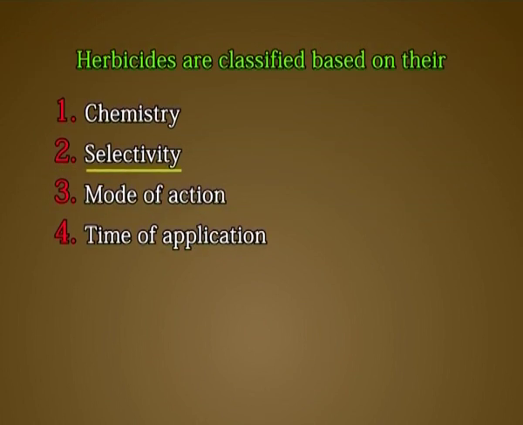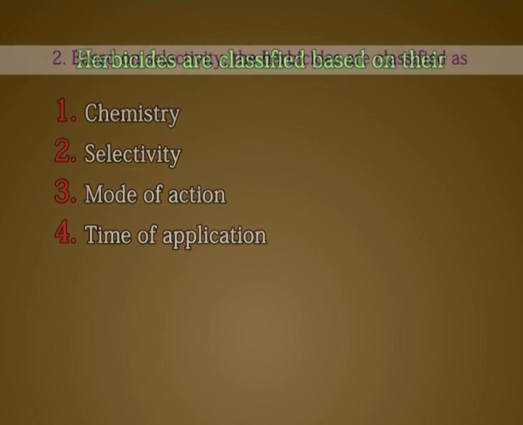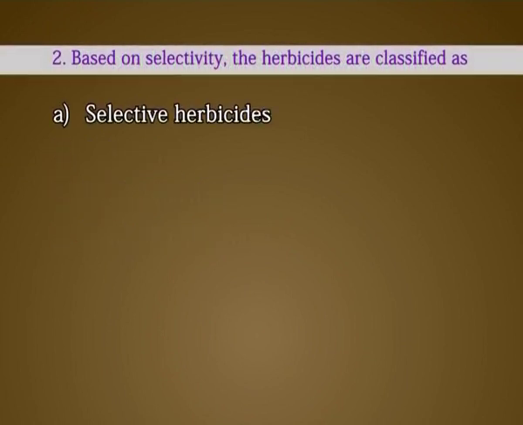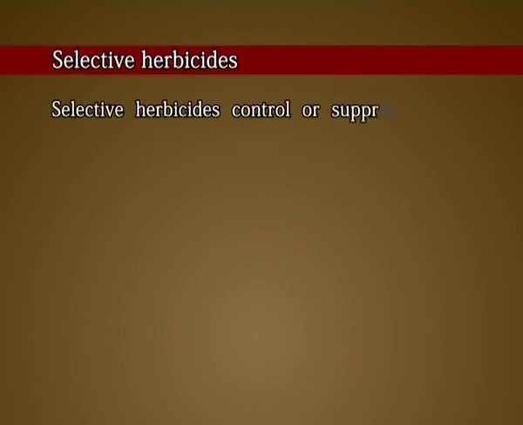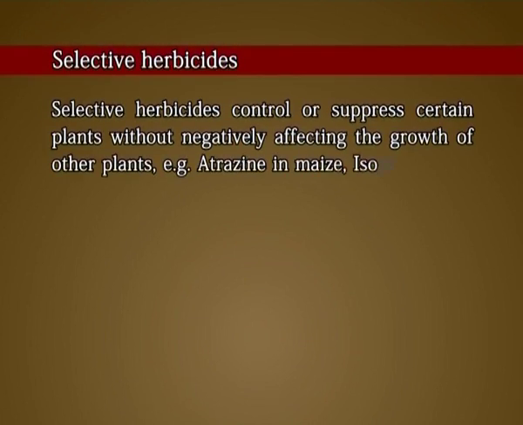Number 2, based on selectivity, herbicides are classified as A, selective herbicides, and B, non-selective herbicides. Let us discuss one by one. Number 1, selective herbicide. Selective herbicides control or suppress certain plants without negatively affecting the growth of other plants.